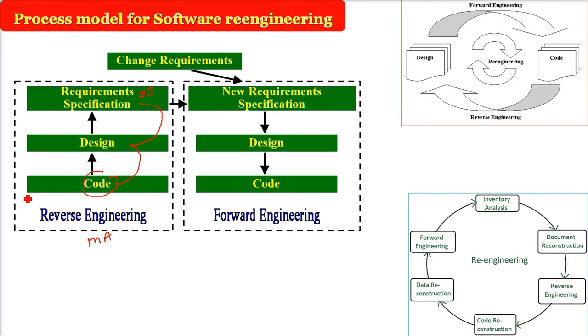This is called reverse engineering. Now, with the requirement specification, you combine it with the change requirements. Old plus change becomes the new requirement specification. Now you can go ahead with forward engineering to design and code.